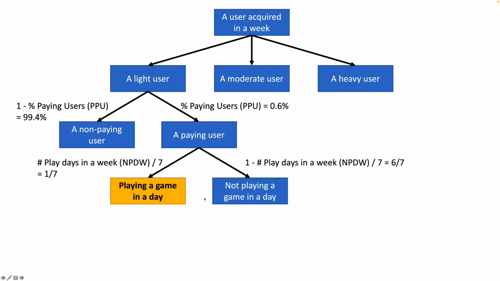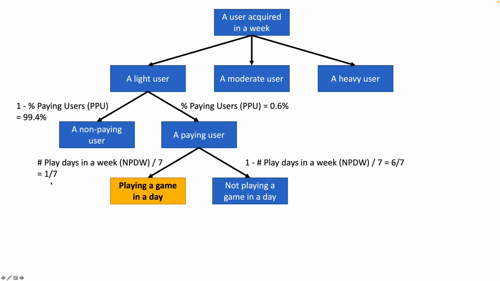And a paying user plays the game with the probability of the number of play days in a week divided by 7. A light user is known to play this game only one day in a week. The probability of this user playing the game on a specific day is given by 1 divided by 7.